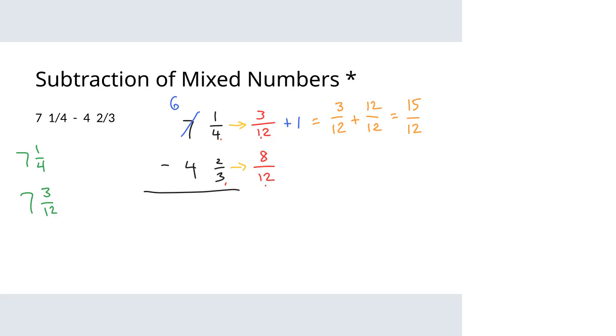I couldn't subtract anything. So I borrowed 1 from that 7 and put it over here in the fraction part. Now I wanted to add that to the 3/12, so I call it 12/12. I add those together and now it's 15/12. So I took my 7 and 1/4 and rewrote it as 7 and 3/12, and now what I have is 6 and 15/12.